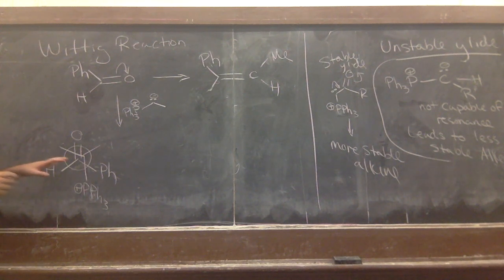But if the phosphorus ylide were going to attack this group in this fashion, and the leap that you have to take is to have the phenyl group be opposite to the carbonyl in order for this to work, which is not necessarily true. But if I were to do this, now we're going to have to put a methyl group one place and a proton at the other place. What would I do? Thinking back to our Newmans, I want to put the methyl group over here, right?